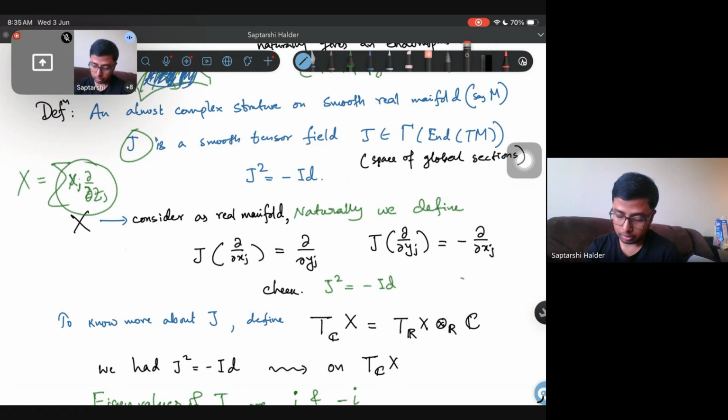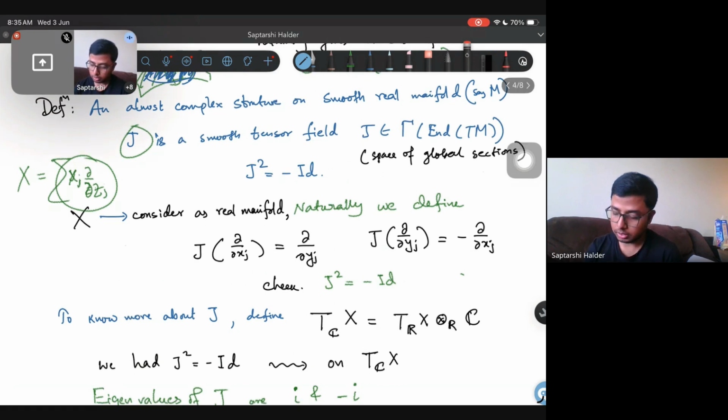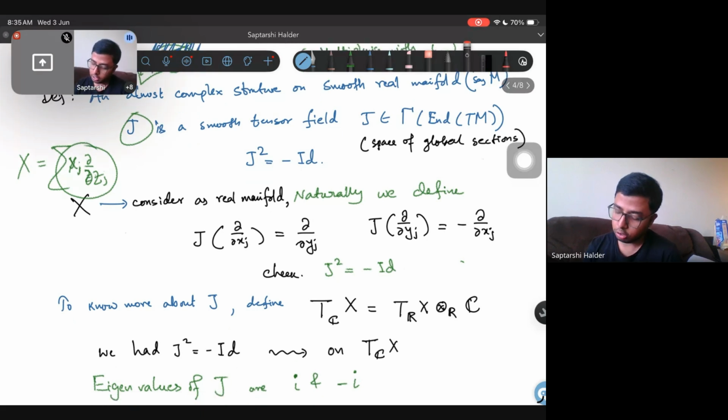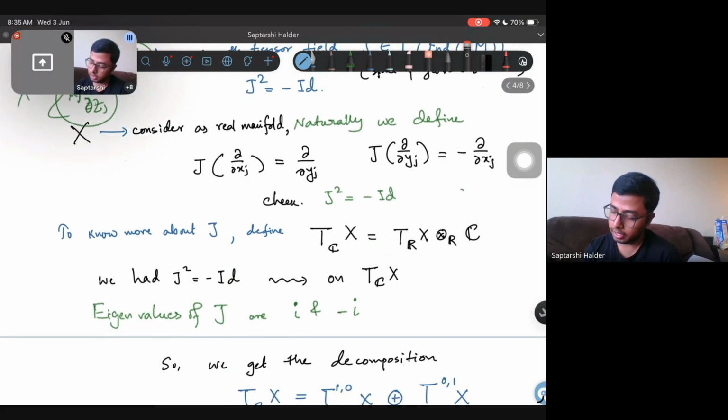This is the section, so it should eat an element from Tm. So we naturally define J of del del xj to be del del yj. These are the partial derivatives. And J of del del yj to be negative del del xj.